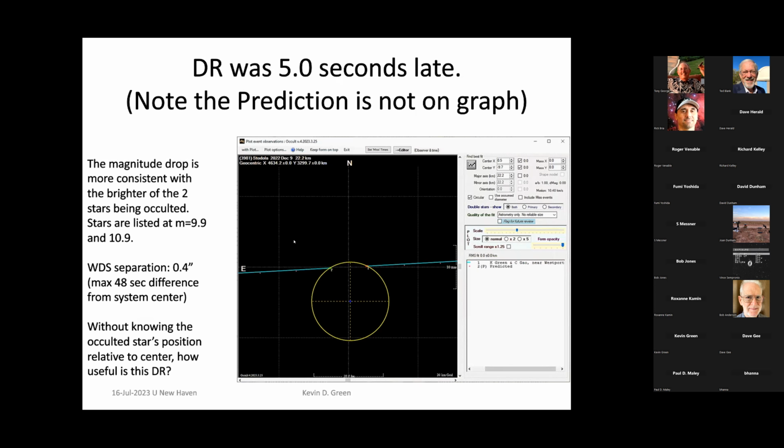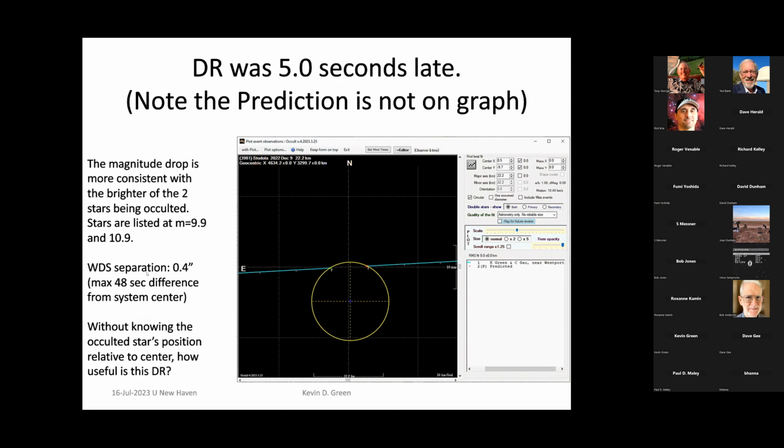And the light curve, which I don't think I put in, is consistent with the brighter of the 2 being occulted. So I was hopeful that maybe I could get some information on where these stars were, or to get a better idea of exactly where that occultation took place, because it certainly wasn't at the star's quoted position, the center light of the position.